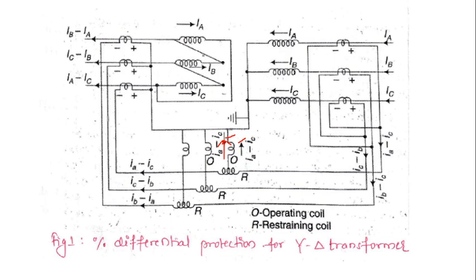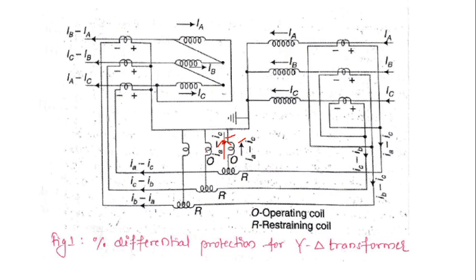The polarity is going to change wherever there is a fault. To whichever phase the fault occurs, automatically that particular current is going to change its polarity, and the current flowing in this operating coil is going to be in the same direction.